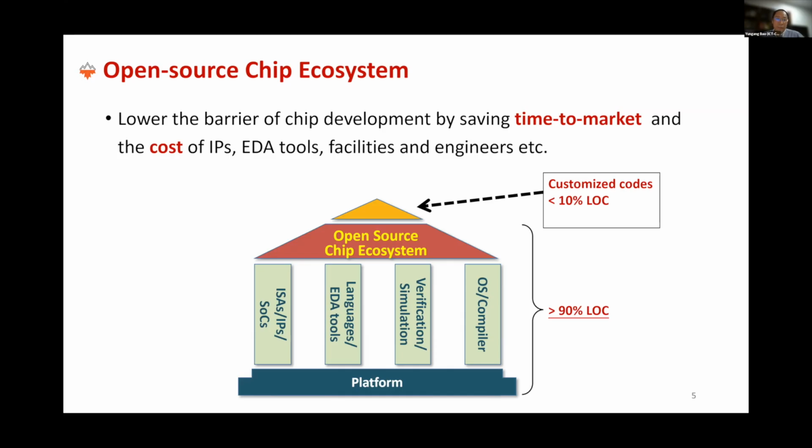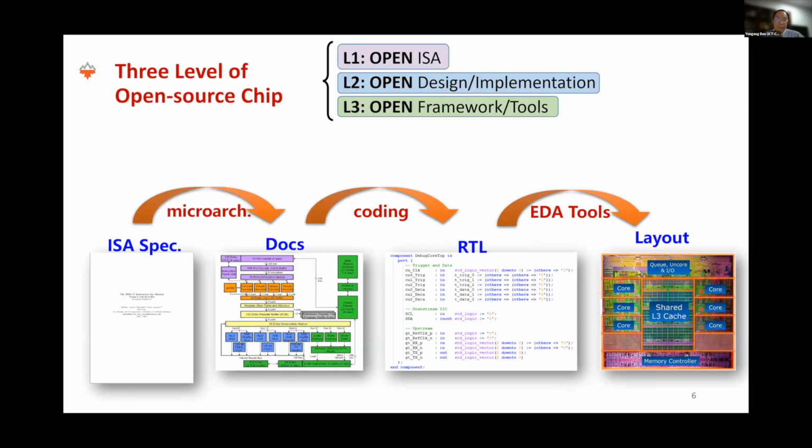In particular, we further divide open source chip into 3 levels. The following chart shows a typical processor design flow.